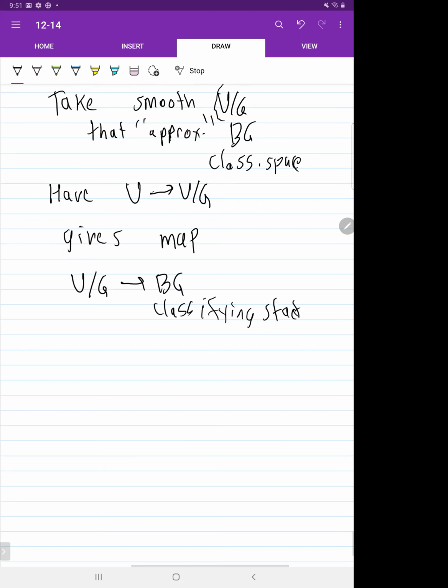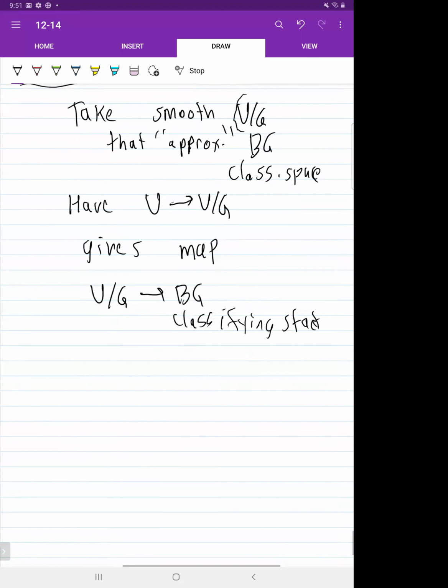And so how do we get étale motivic cohomology? Well, the étale motivic sheaf cohomology can be defined, computed, from a cover of BG, the stack.